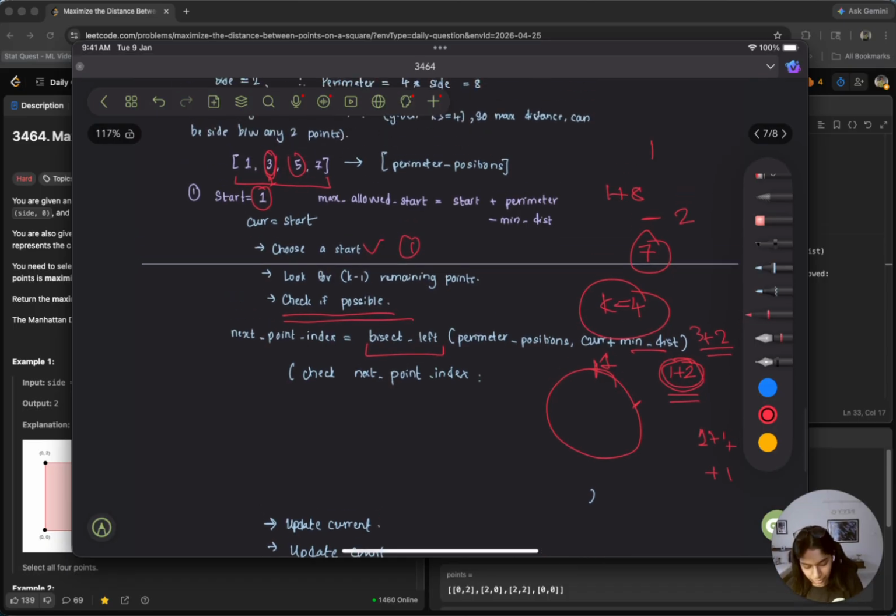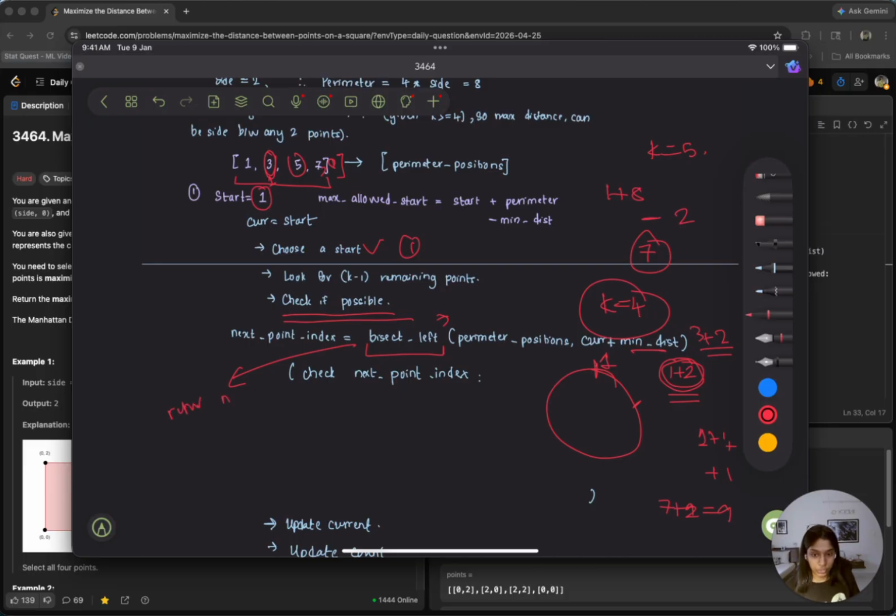Let's say my k was actually something like 5, and my next value after 7 was something like 8. Would I have gotten that value from bisect left? No, actually I wouldn't, because bisect left would be looking for 7 plus 2, which is 9, and that 9 is not possible. So bisect left would by default give me a return value of n.